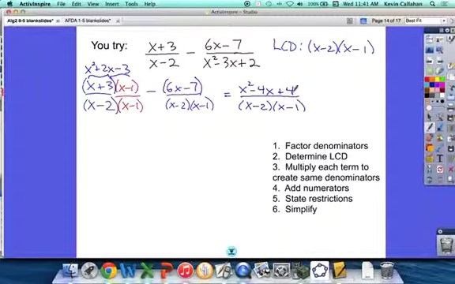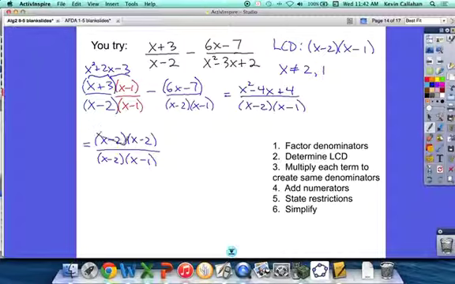So at that point, you need to identify your restrictions, because this one, like the others we've done, looks like it is going to simplify a little bit. The restrictions are the zeros of the denominator. In this case, x does not equal 2 or 1. Now I can factor the numerator. The numerator is x minus 2 times x minus 2, divided by x minus 2 times x minus 1.